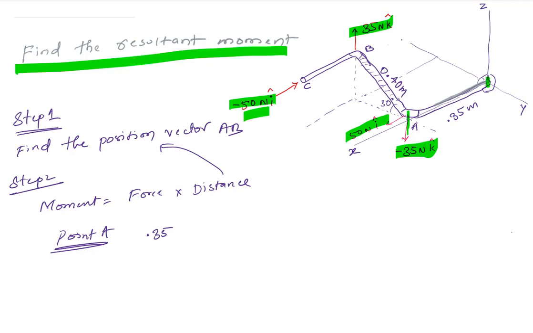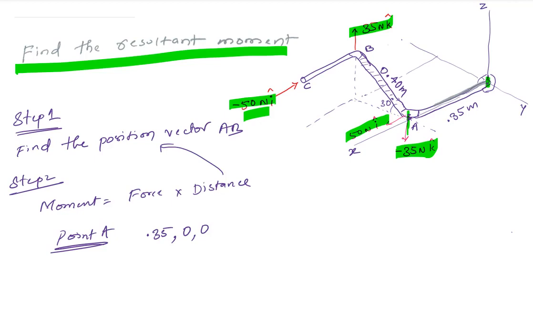0.35 meters, okay, comma. Along y it is 0, and along z it is 0, right? Along z it is 0, along y, because that's the origin, this point A, let's assume here, is 0.